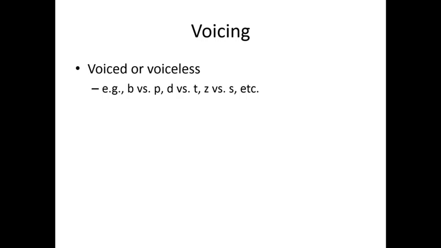So what this means is, when we make a P versus a B, there's a continuum. You might not make it the same as I do, you may make it different. You are different and you are different, and everybody makes these sounds a little bit different. But there is a point, somewhere in the middle, where it's always going to be judged as a P over here, and always judged as a B over here.